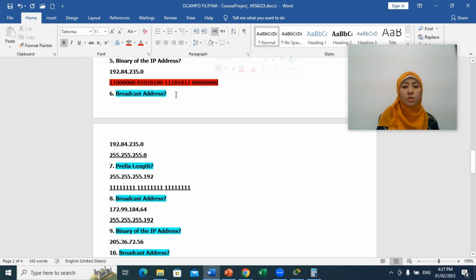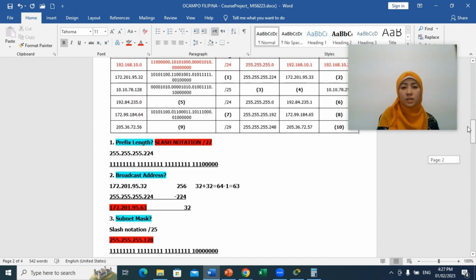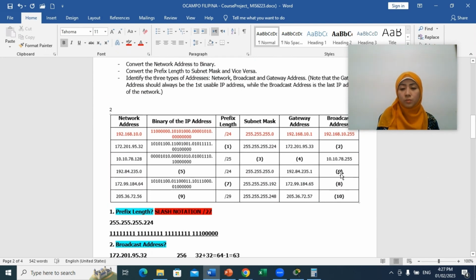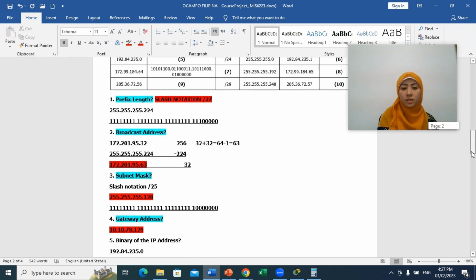Okay, so number 6, moving on. What is the broadcast address? So in this one, broadcast address of number 6 is this one. So here, again, we will bring down the network address and the subnet mask to get the broadcast address.